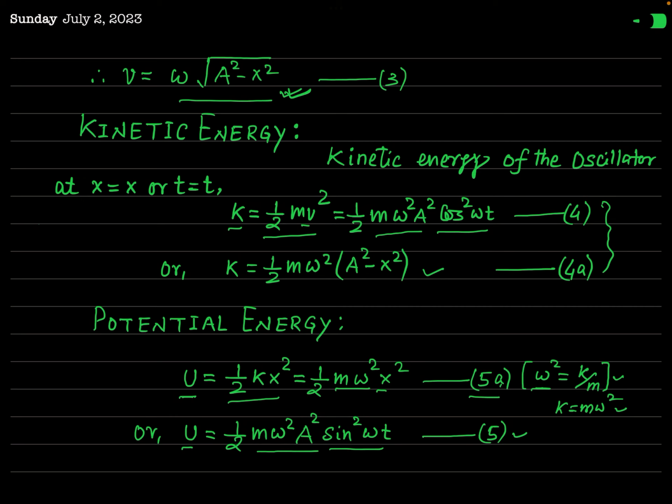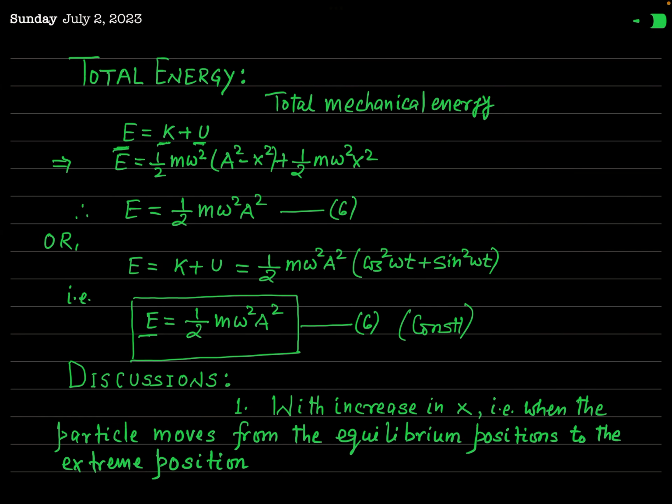Now after getting the values of K and U, we will simply add these two energies to get the total energy, or the total mechanical energy, of the oscillator. So what will be the total mechanical energy? E, which represents the total mechanical energy, will be K plus U. Now let us substitute the values of K and U as a function of x.